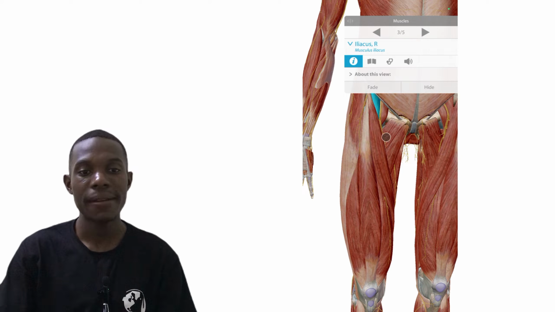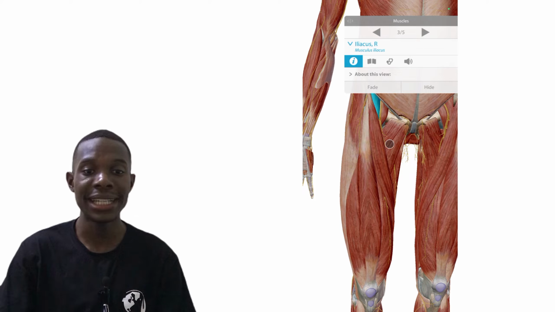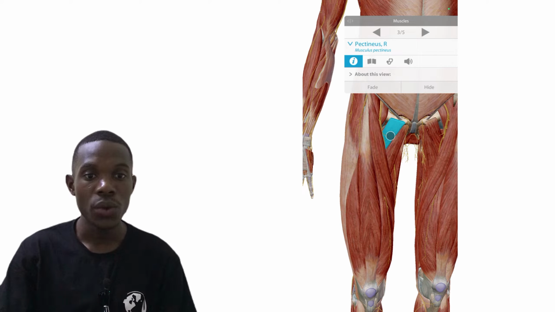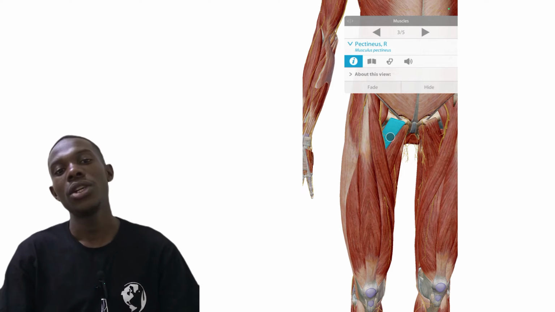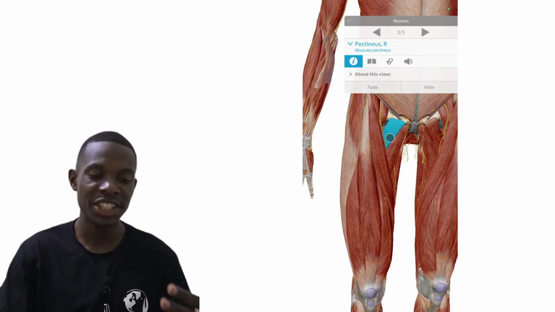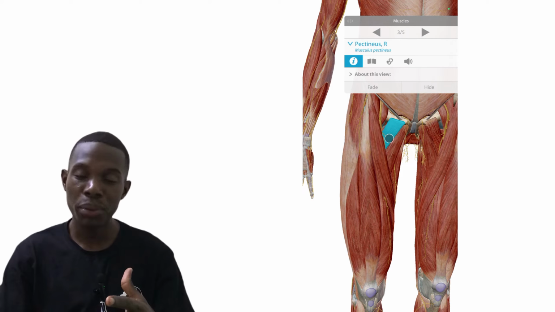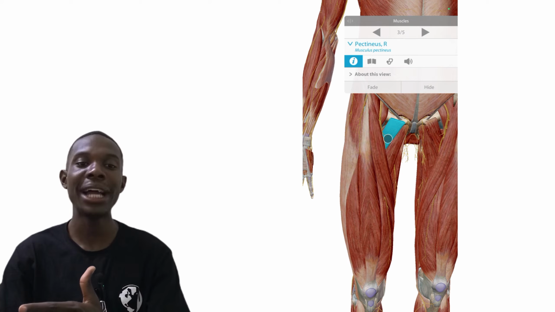Another muscle of the anterior compartment is this one that is called the pectineus. The pectineus muscle is a unique muscle because it's found in the anterior compartment. Depending on the text that you're using, some put it in the medial compartment because it has two actions.